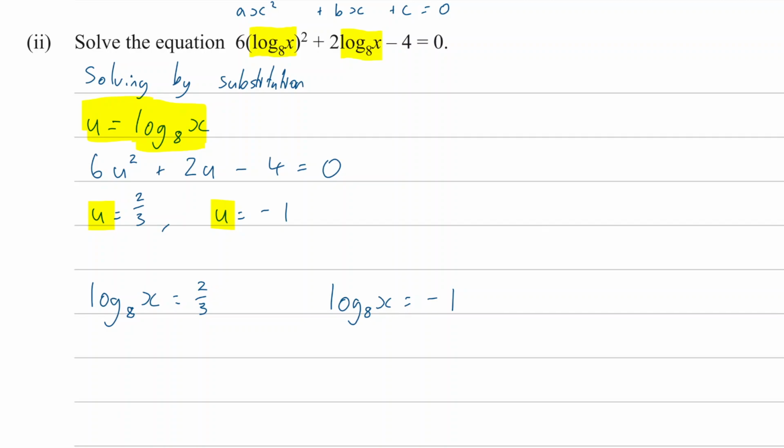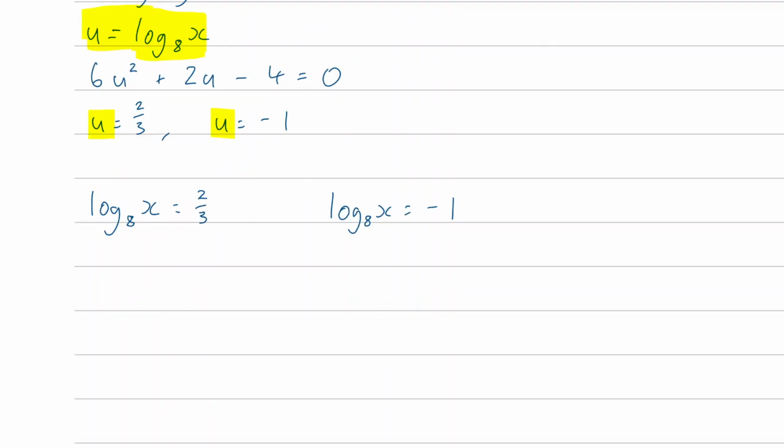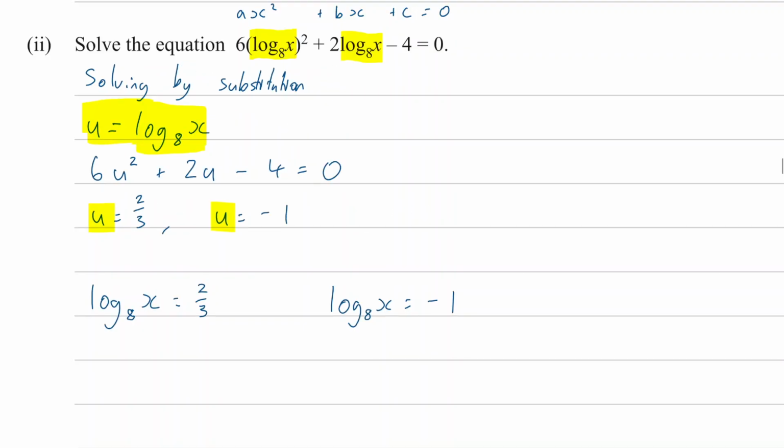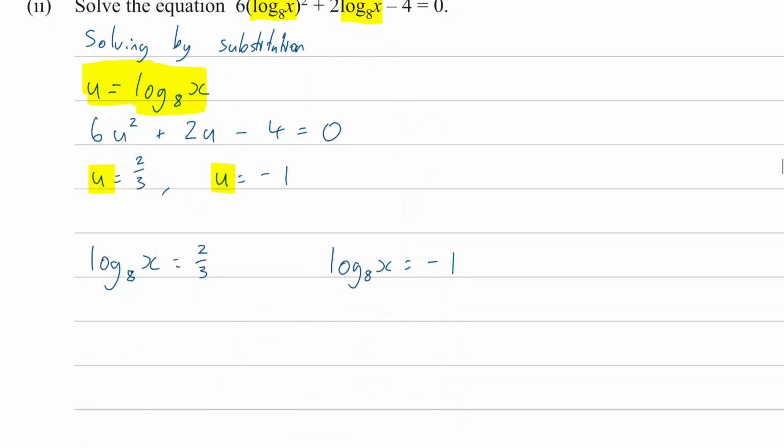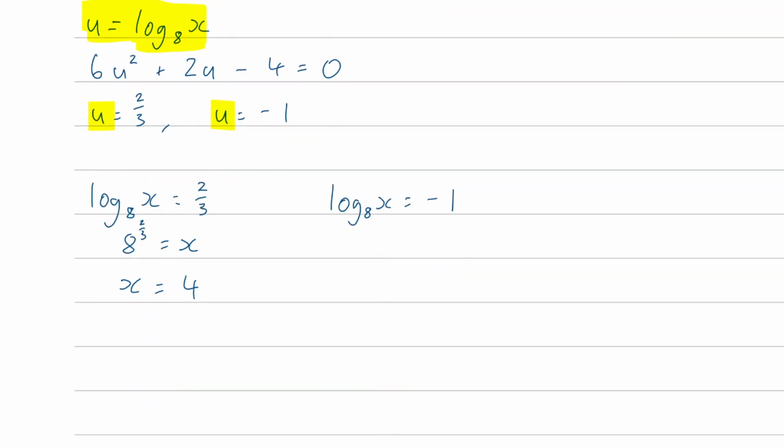So here we have, that looks familiar. Wow, that is just the same as part 1, right? So 8 to the power of 2/3 equals x, and so x equals 4. Great.